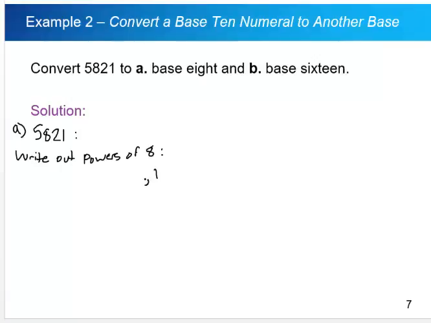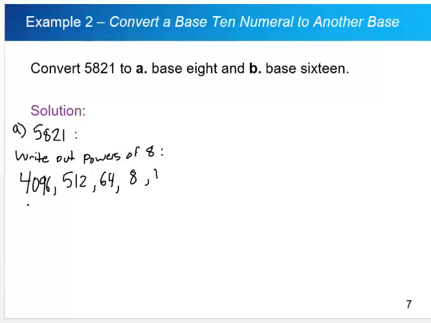So 1, 8, 8 squared is 64. 8 to the third is 512. 8 to the fourth is 4,096. After that, we're going to end up going over 5,821, so we can stop there.